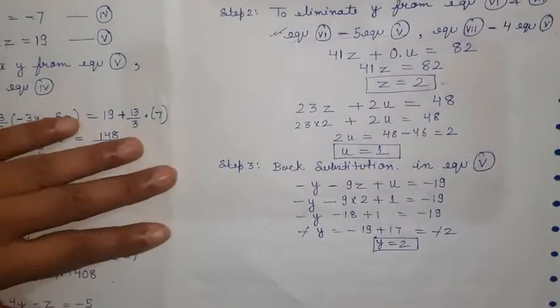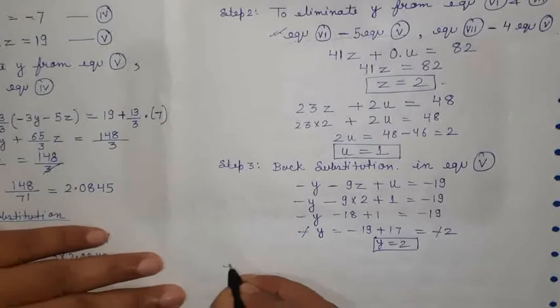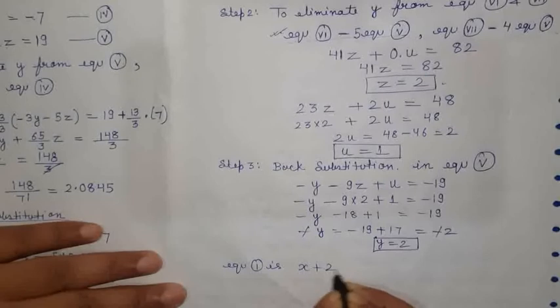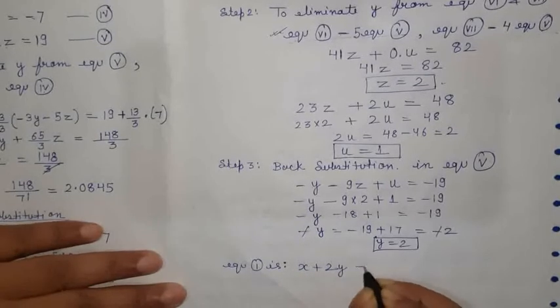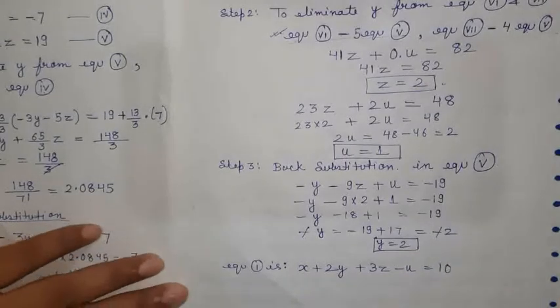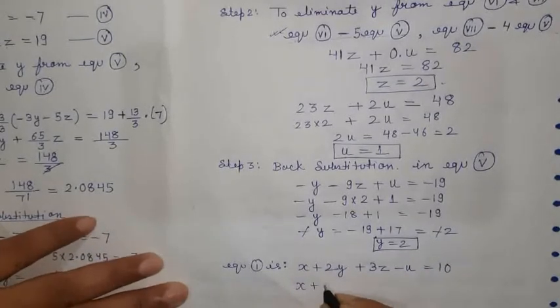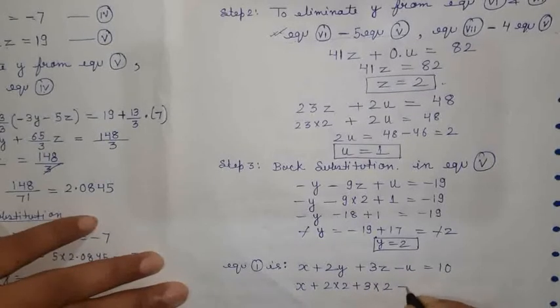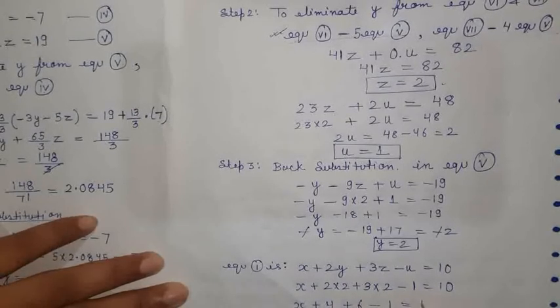So equation 1 is x plus 2y plus 3z minus u equal to 10. After substituting the values, x plus 2 into 2 plus 3 into 2 minus 1 equal to 10. So x plus 4 plus 6 minus 1 equal to 10.